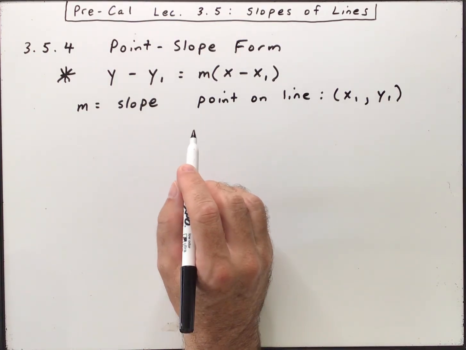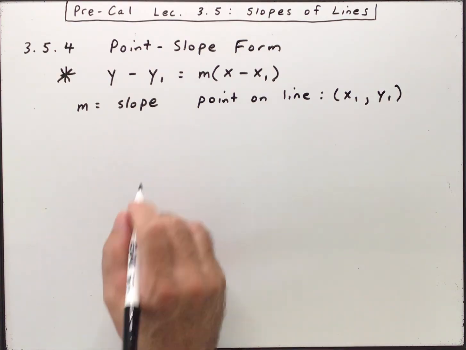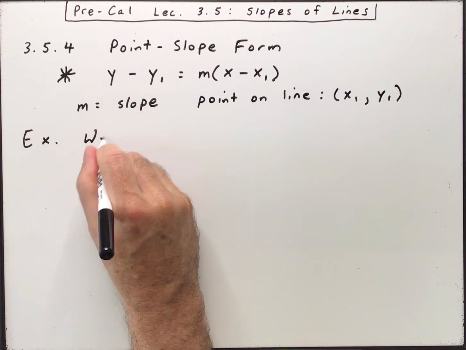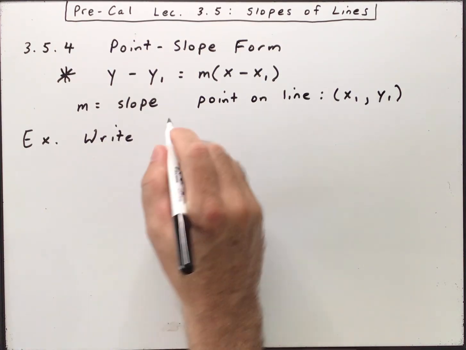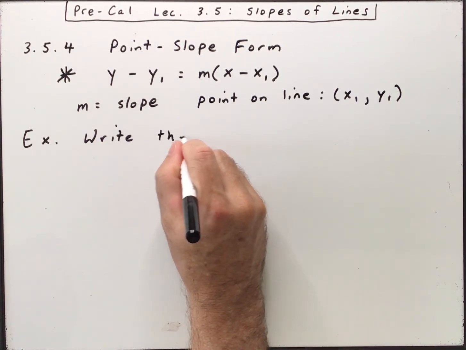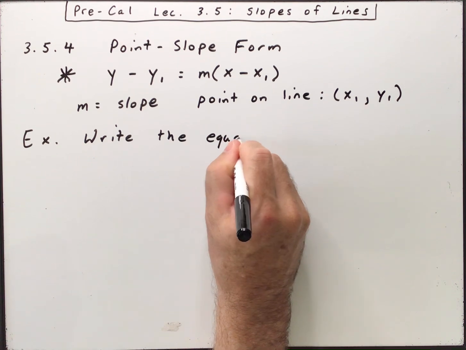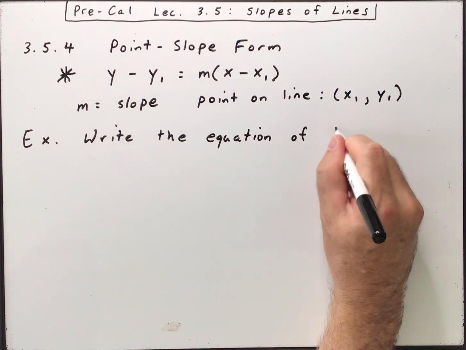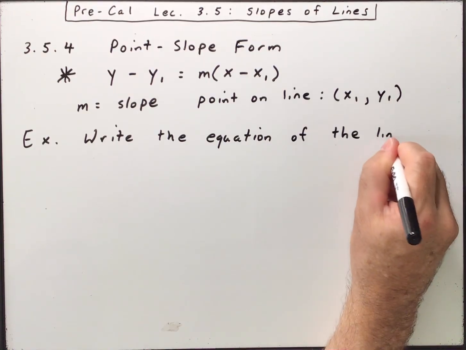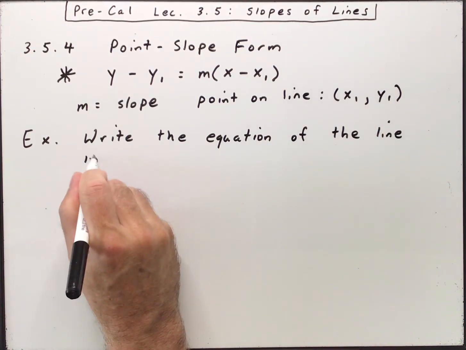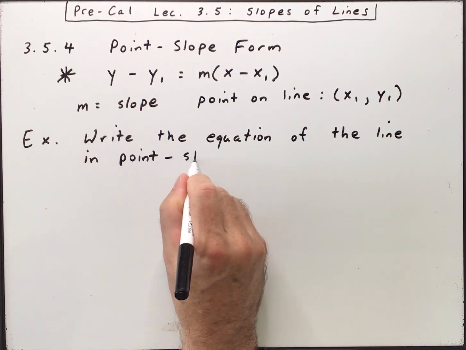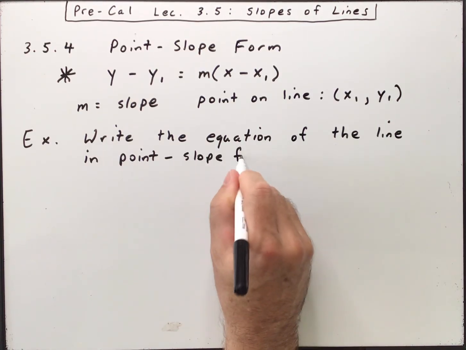All right, let's do a couple of examples. So let's write the equation of the line in point-slope form.